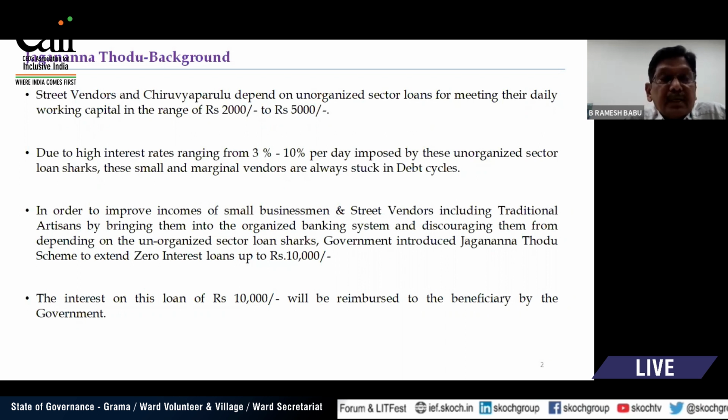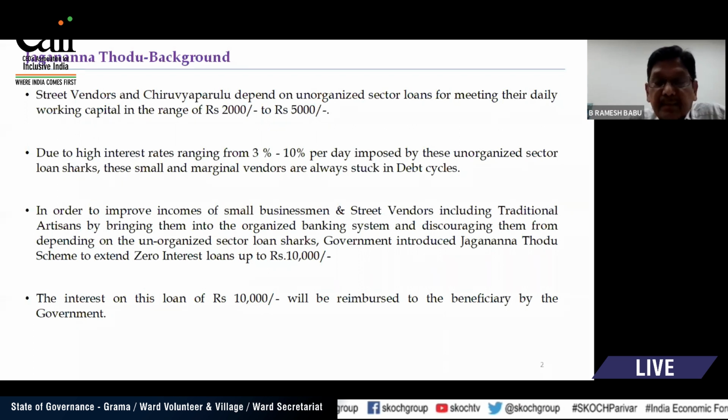But we know they are suffering from working capital. These street vendors are petty business persons and traditional handicraft persons who depend on their daily wage and business. They need working capital ranging from 2,000 to 5,000.